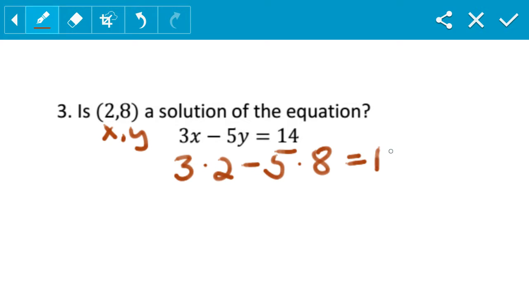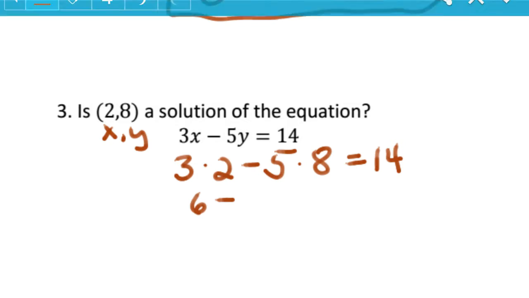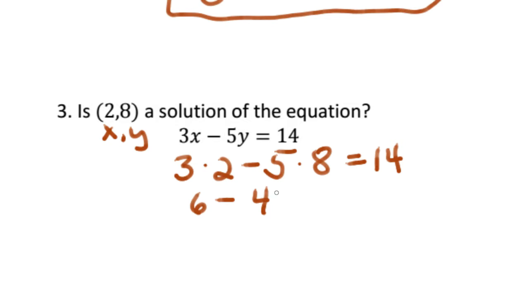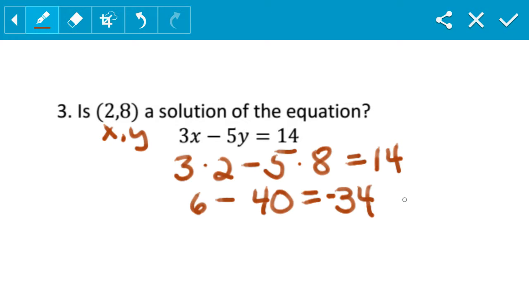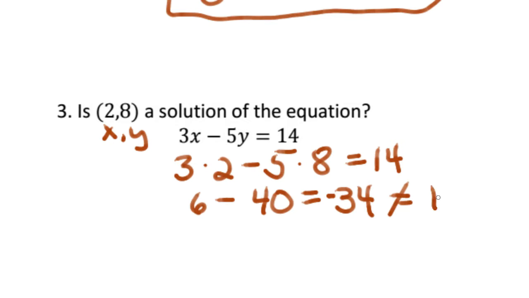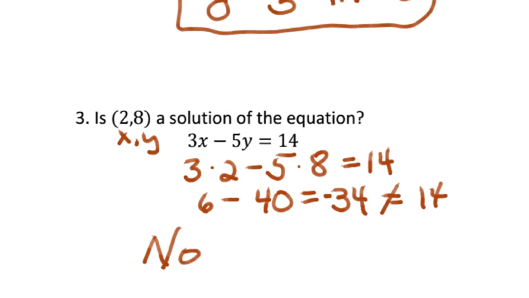If that turns out to equal 14, then that means 2/8 is a solution of this equation. So 6 minus 40 equals -34, and that does not equal 14, so no, it is not a solution.